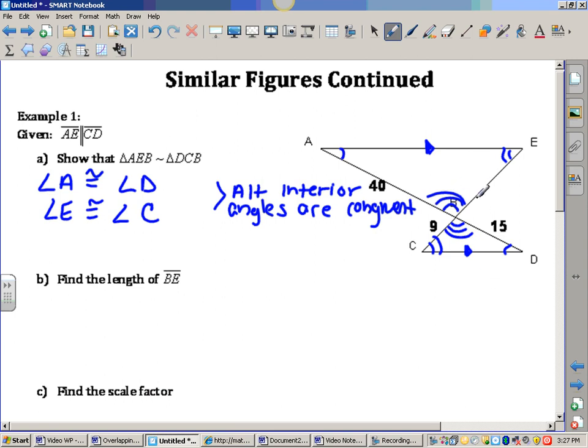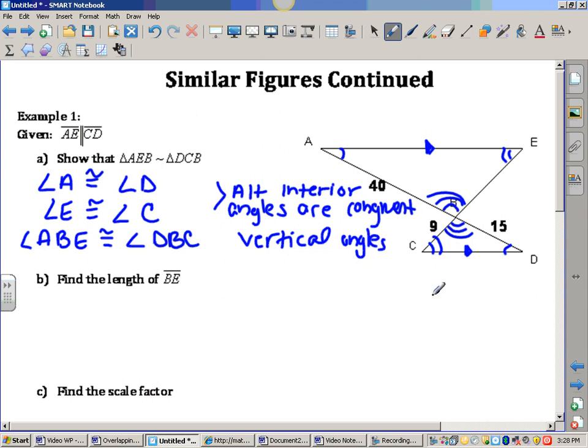Well, remember, when you have two lines that intersect, the angles across from each other will be congruent because they are vertical. Now, this is not just angle B. We can't say angle B equals angle B, so you've got to use your letters. Angle ABE, just follow the order, A to B to E, is congruent to angle DBC because they're vertical angles.